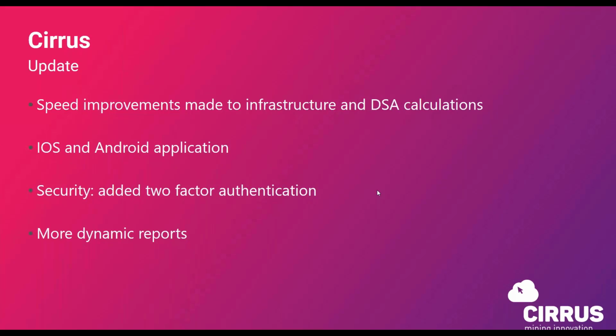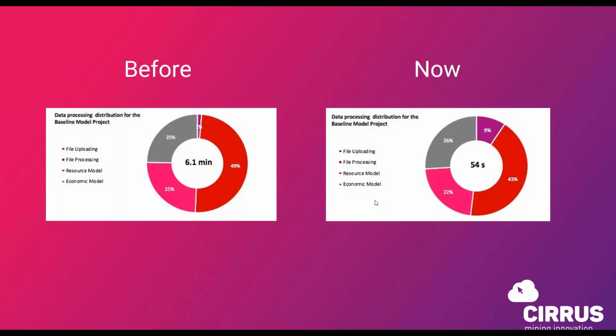So just to start with a couple of updates from Cirrus. Firstly, one exciting thing to mention is that our software engineers have been able to make some really dramatic speed improvements when it comes to file upload, processing, and sensitivity analysis calculations.